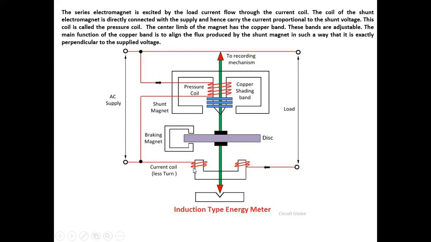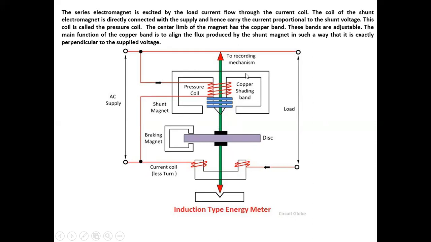The first one is the current coil and the second is the pressure coil. And there is one spindle, one disc, and one C-type magnet. This is the total instrument which is used in an induction type energy meter.